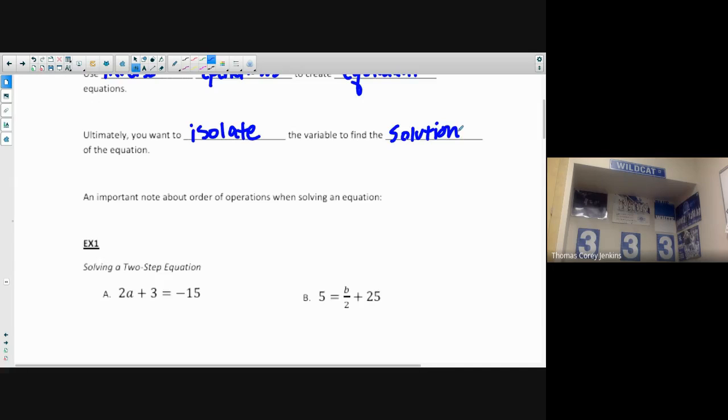Okay, and then there's an important note about order of operations when you're solving an equation. So for order of operations, we think PEMDAS. When you're working on equations, though, we do reverse. All right, so we do reverse of our normal order of operations. So if we think about PEMDAS for order of operations, then we can flip that around.